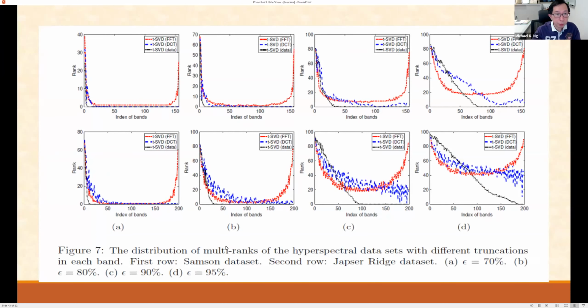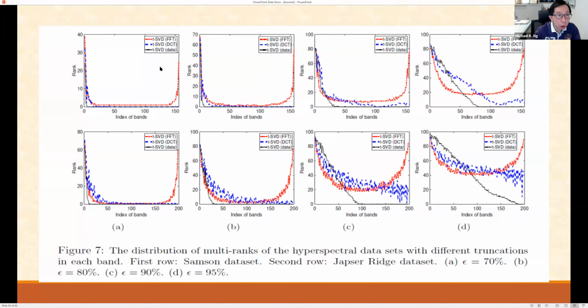This is again hyperspectral data. Let us look at this first row, which is another hyperspectral image. You see that we use the FFT, DCT, or the data-dependent transformation. They represent the index of the matrix slices, and then what is the corresponding rank structure? For different epsilon, the cutting point on these small entries, we cut them.